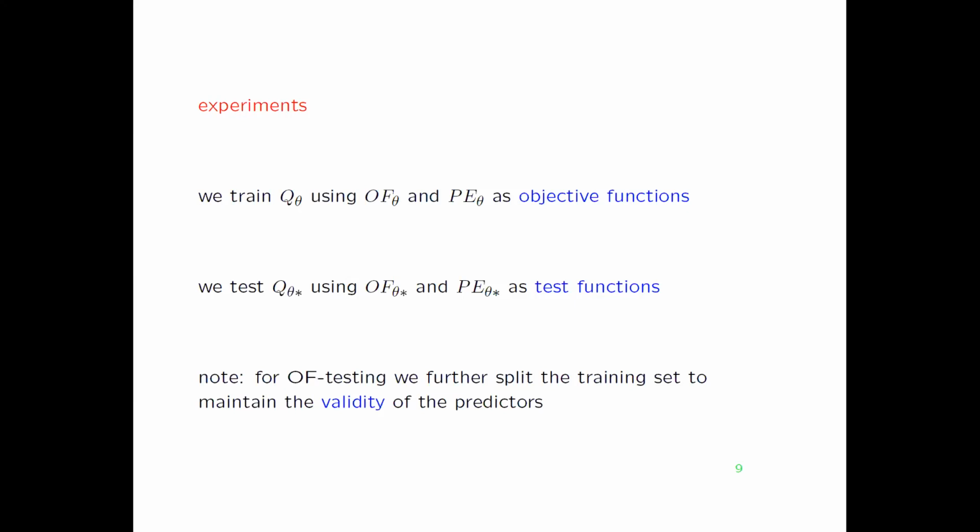So here, theta star is the optimized value of the optimized model, and we can test it using both the conformal test function and the pointwise prediction test function. And this is a technical note. To keep validity, we have to further split the training set, but this is just a technicality. Please ask Volodya if you have doubt about that.